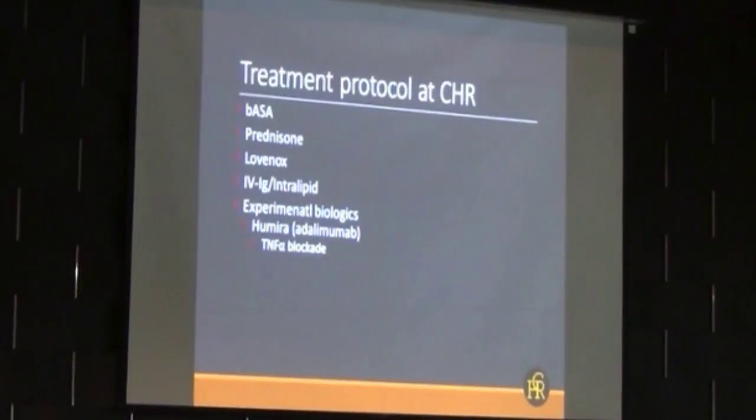It is supposedly safe in pregnancy, even though the FDA has not approved it for that purpose. We have only put 1 or 2 patients on it. Some colleagues, for example, Dr. Braverman, who was supposed to give this talk, use it more frequently. Some colleagues in the UK also use this more frequently.